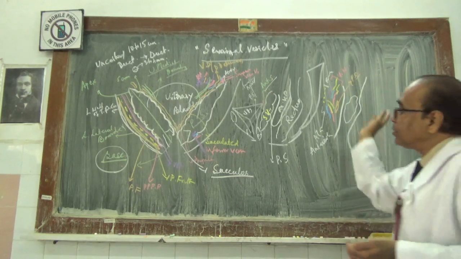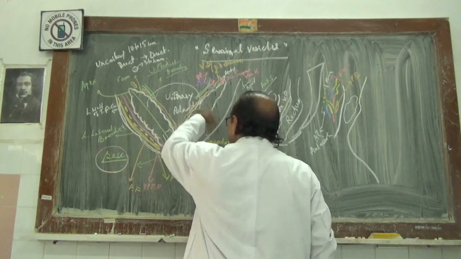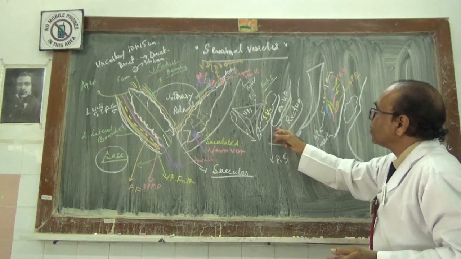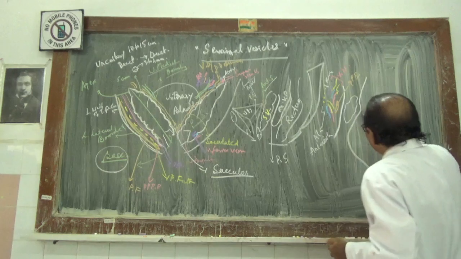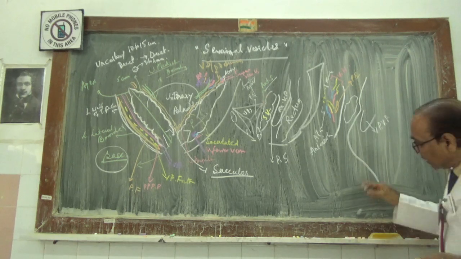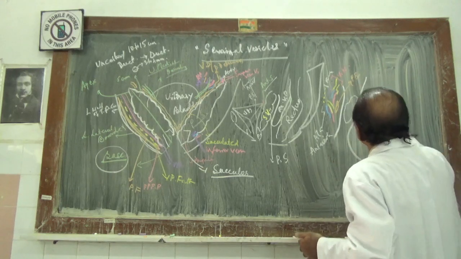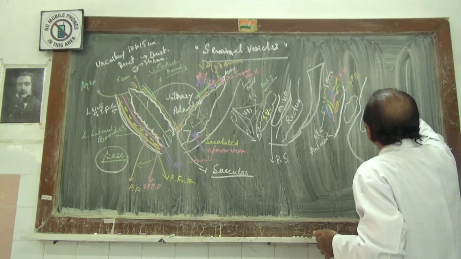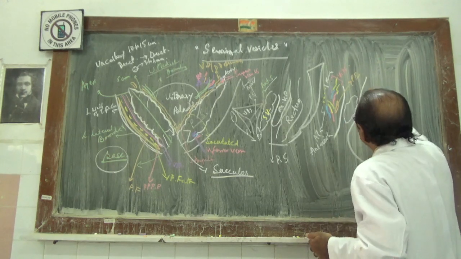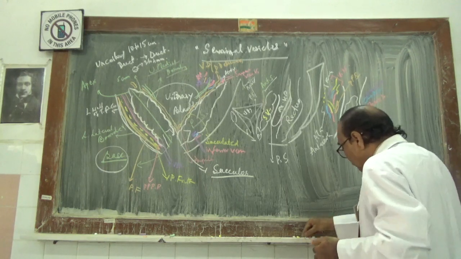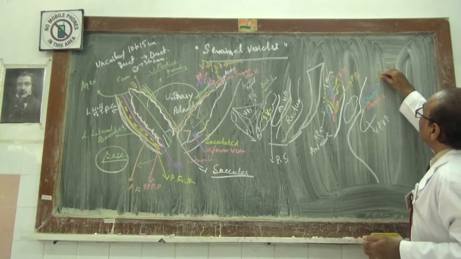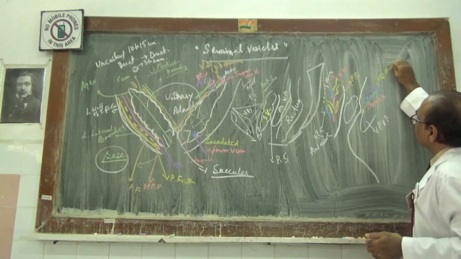Now posteriorly, the posterior surface is the one which will be directing backwards and a little downwards. It is related to one pouch, that pouch is called the retrovesical pouch. Then middle rectal arteries, middle rectal veins, middle rectal group of lymph vessels, and nerve filaments of sympathetic plus parasympathetic.